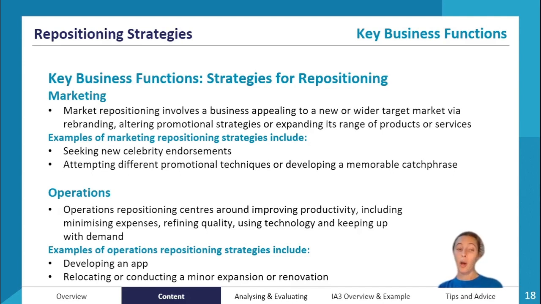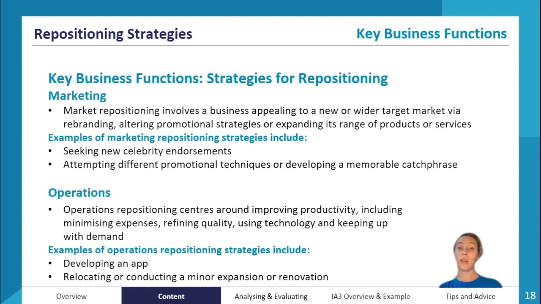And lastly, we've got operations. So operations repositioning is about improving productivity and including minimizing expenses, refining quality, using technology, and keeping up with demand. So that example that I gave before about Woolworths and using AI in that recruitment process also falls under operations too.